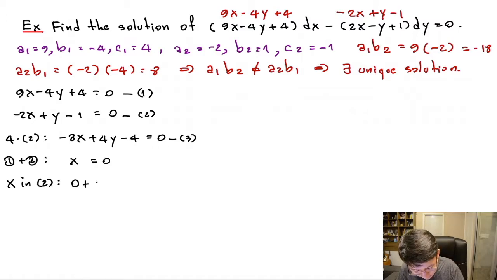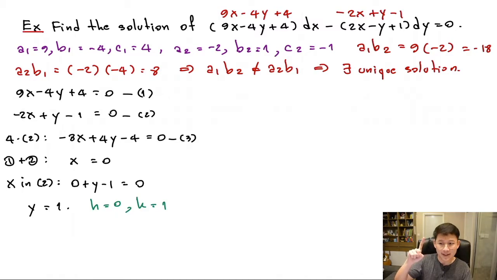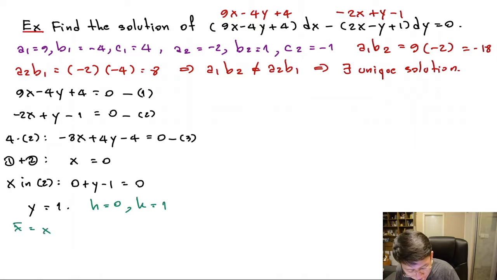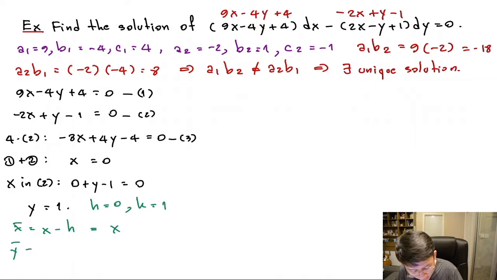Plus y minus 1 equals 0. It means that y is 1. So now, I have that h is 0 and k is 1, right? So x bar is x minus h, which is just x, because h is 0. And y bar is actually y minus k, which is y minus 1.